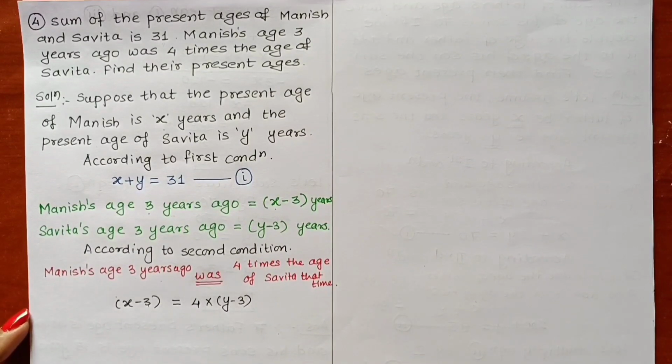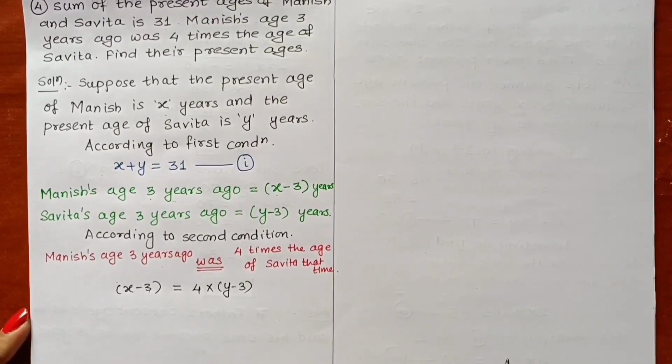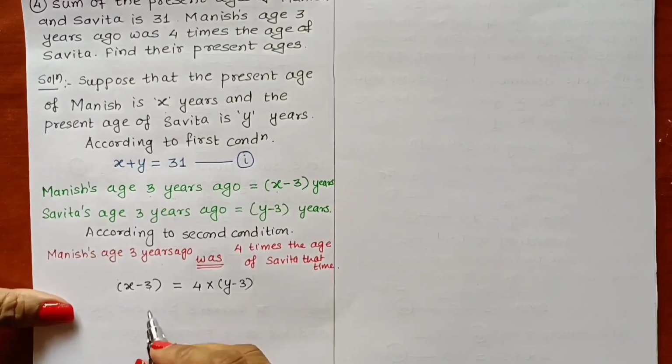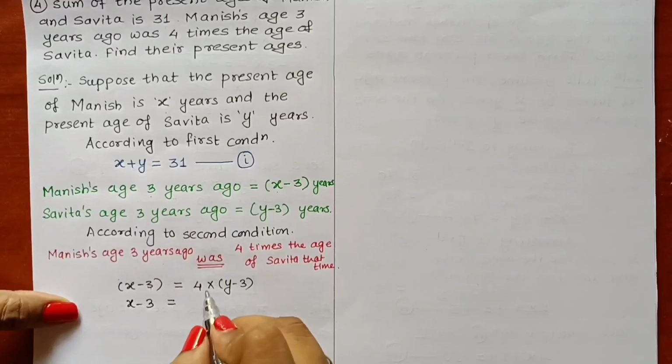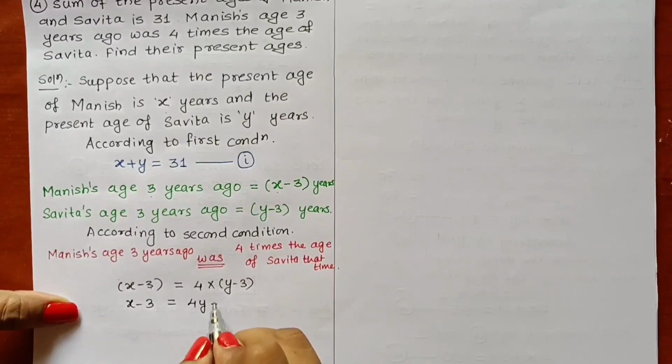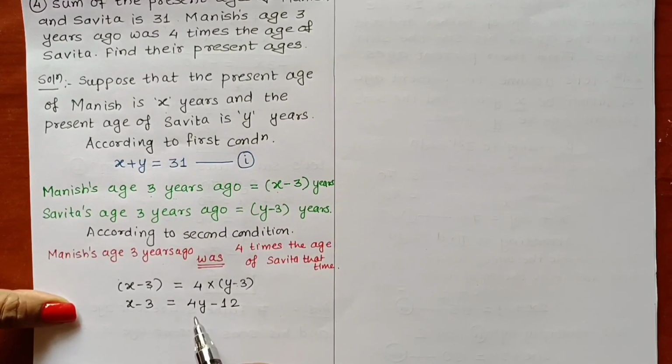Now let us solve this equation, and afterwards we can give the number to this equation. So it is x minus 3 as it is. 4 into y is 4y, with the minus sign. 4 3s are 12. The y term I will bring to the left hand side and the constant term to the right hand side.